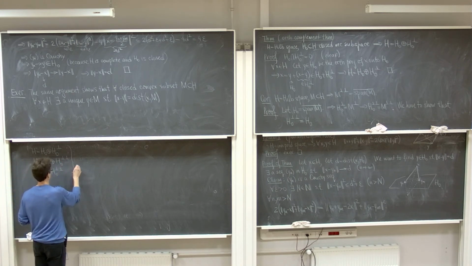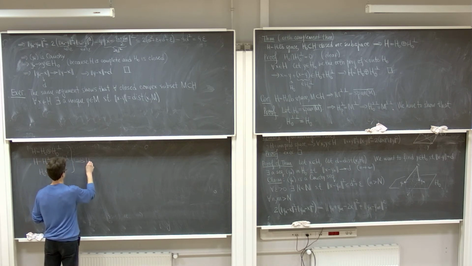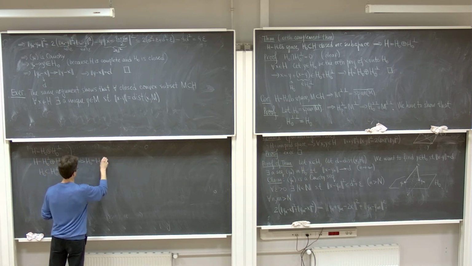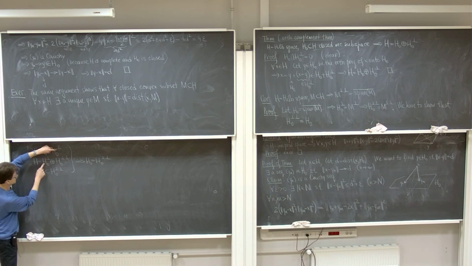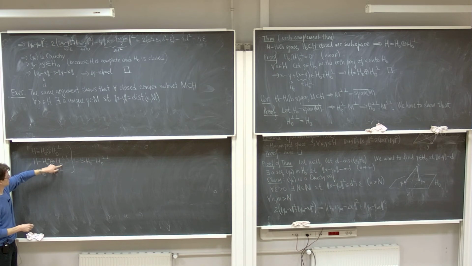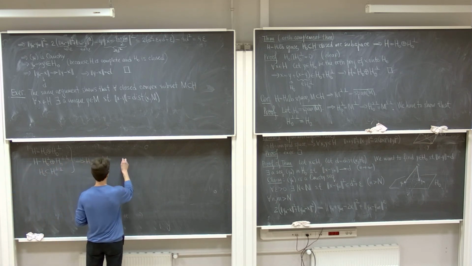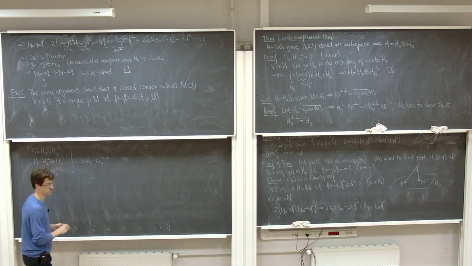And these three equalities together imply the following equality. Well, indeed, these two summands are the same, and this one is contained in this one. So if this one would be strictly smaller, then we get a contradiction. So these two summands should be the same. Okay, this completes the proof.